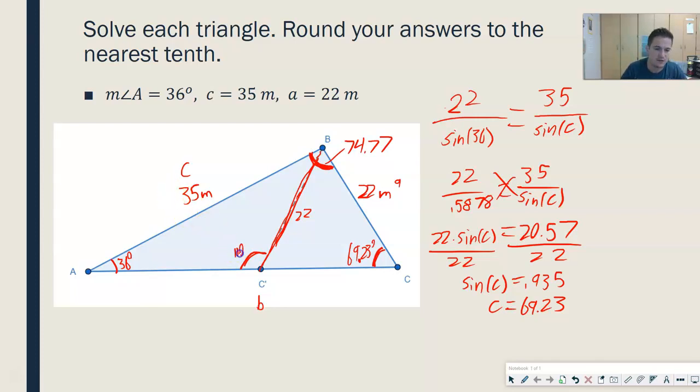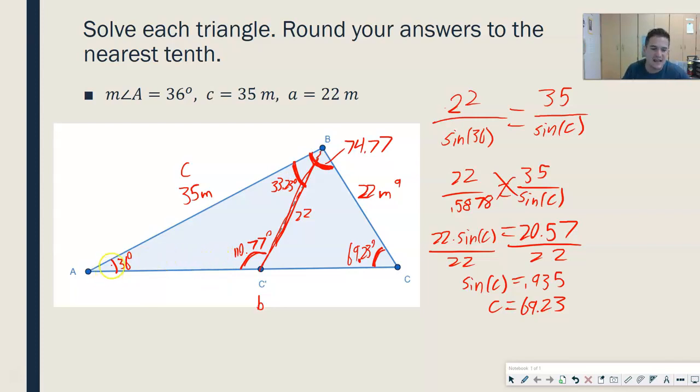So this angle is 110.77 degrees because these two angles are supplementary angles. They add up to 180 degrees. Okay, so if this was an ambiguous case, then I should be able to have another angle here. This smaller angle would be 180 minus 110.77 minus 36, which in this case is 33.23 degrees.